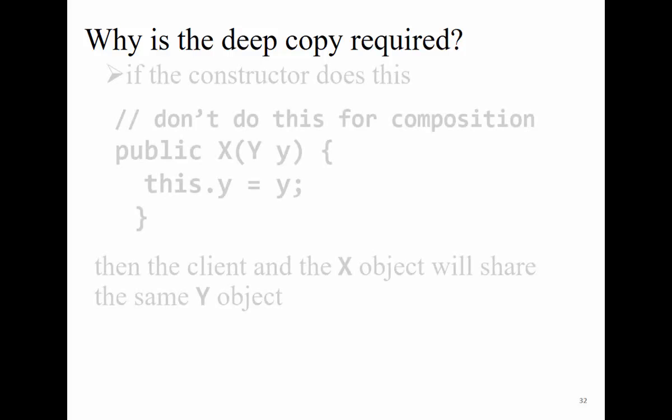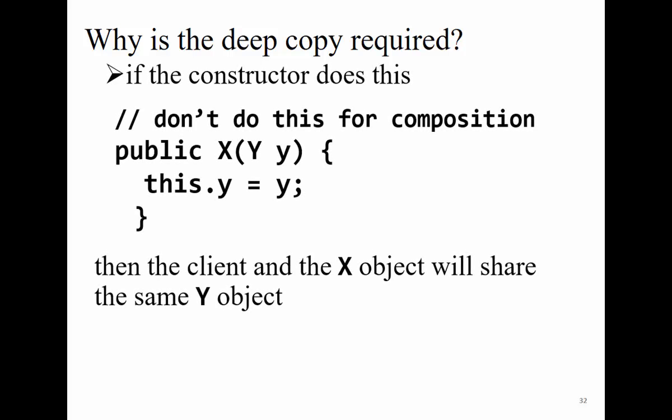Now, why is a deep copy required in the case of a composition relation? If we are using copy constructors, public X, and we provide Y as a parameter, then we write this.y = y.